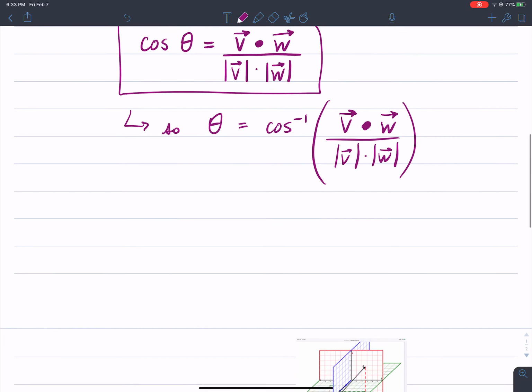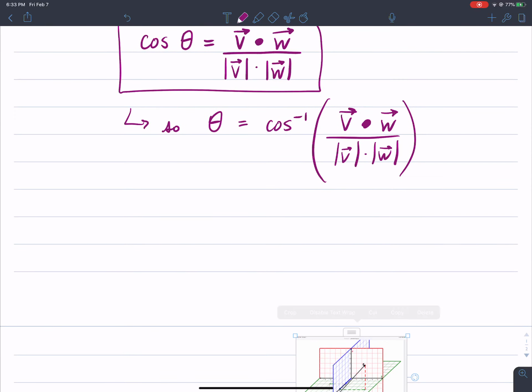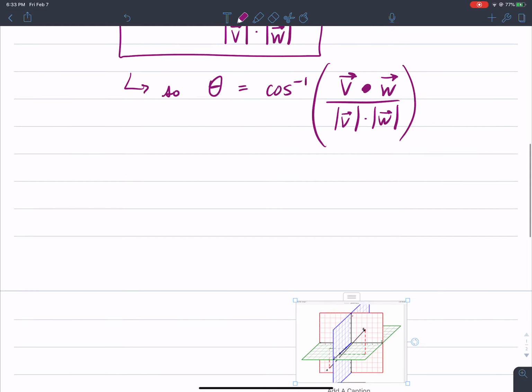So a problem that you'll have would be to find the angle between vector v, which will have components of 2, 3, let's say, and w, negative 2, 5. Pause for a second. Don't look at the screen.